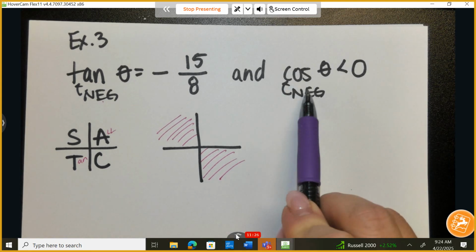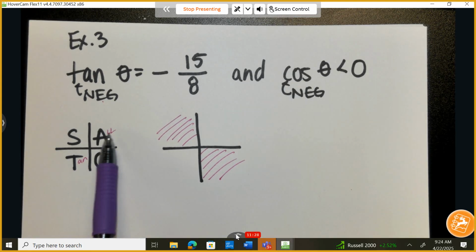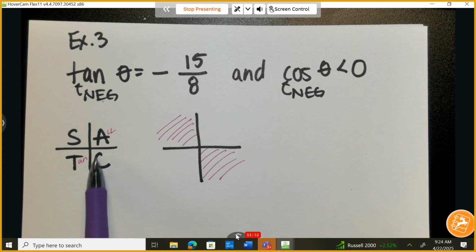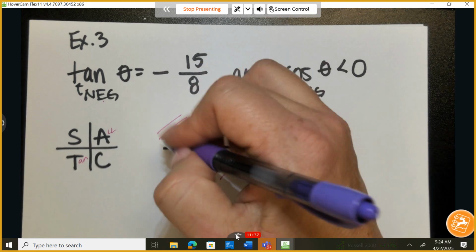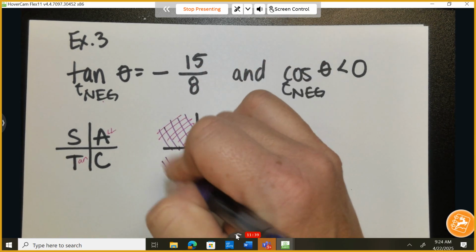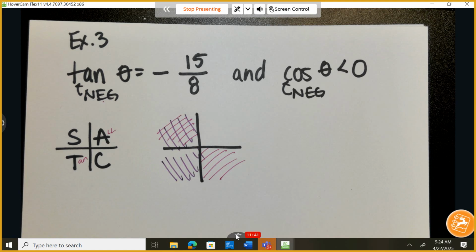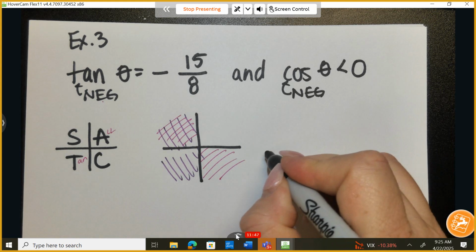Where are cosine values negative? Well, cosine values are positive in 1 and positive in 4, but I'm not looking for positives, I'm looking for negatives. So I'm going to shade in 2 and 3. And only one quadrant will have that overlap or double shading. In this case, it's quadrant 2.